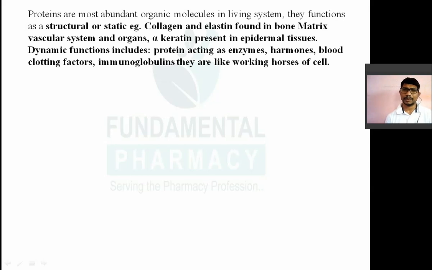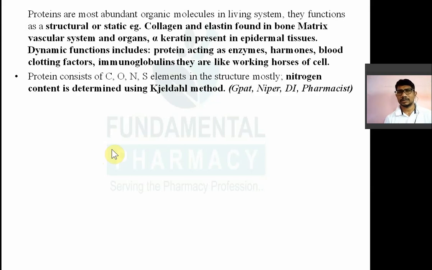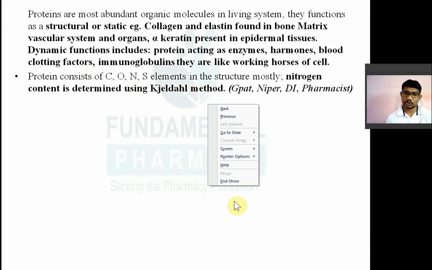Mostly a protein consists of these five elements: carbon, oxygen, nitrogen, sulfur, and hydrogen. Out of that, 55% carbon is present in the protein, around 15 to 16% oxygen, around 10% nitrogen, around 0.1% sulfur, and 7% hydrogen.